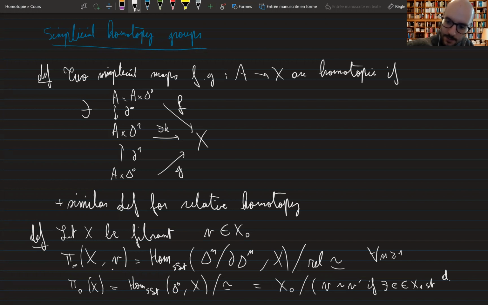Here it's g1 equals v. And just to be completely precise, because as you know the relation is not necessarily symmetric, I will just exchange d1 and d0. So d1 is the one where you miss one, so this is the inclusion as A cross 0, and here d0 is the inclusion as A cross 1, right?